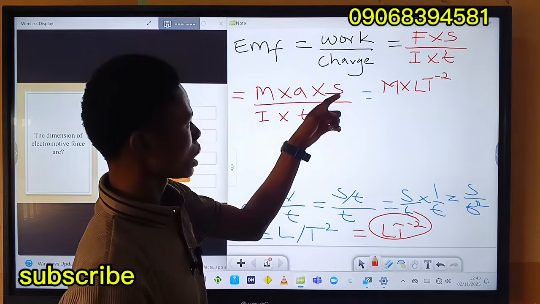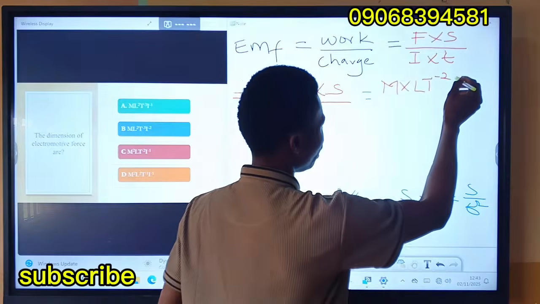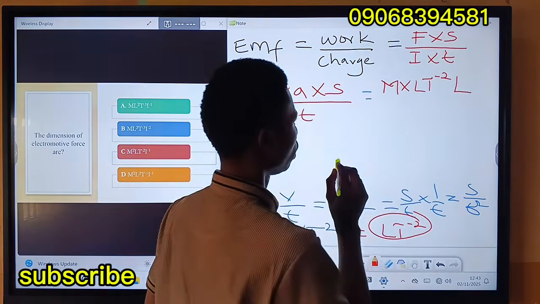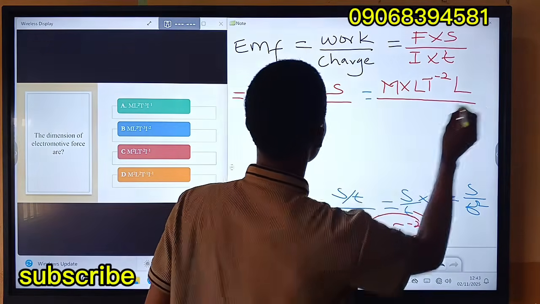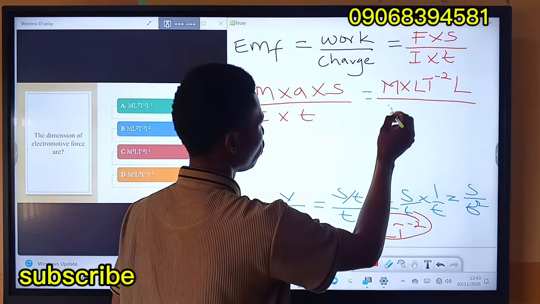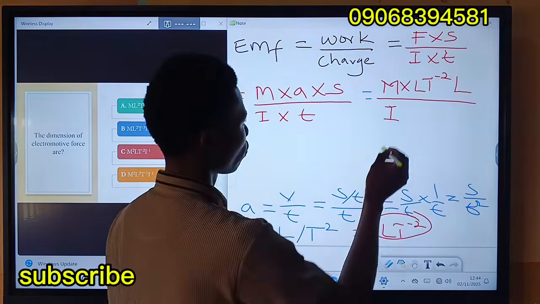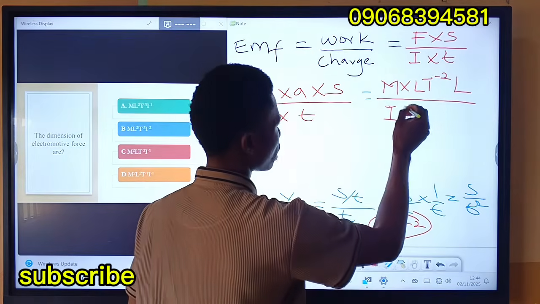Then distance s, distance is length, so I will use L again. Now all over current is a fundamental quantity, so I leave it as I. Then time is a fundamental quantity, so I leave it as T.